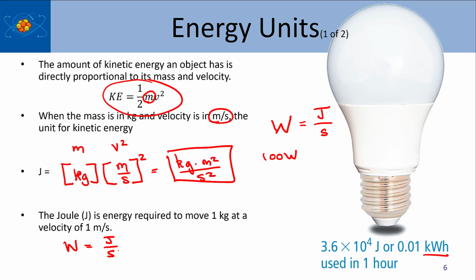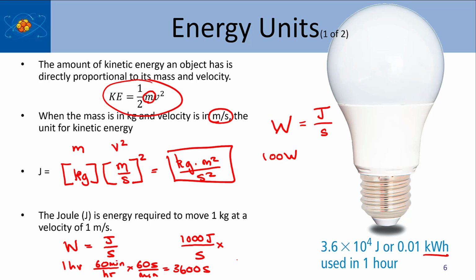So a kilowatt would be 1,000 joules per second. And an hour is 3,600 seconds. There's 60 minutes in an hour and 60 seconds in a minute, and that's going to be 3,600 seconds.